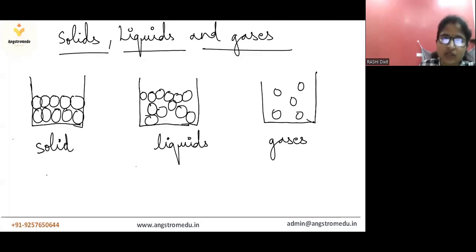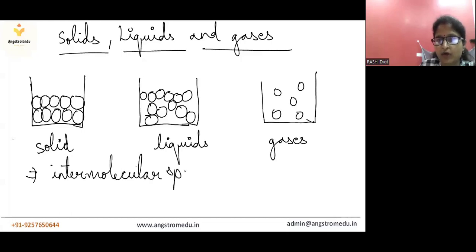We use the term intermolecular space to define the spaces between the particles.